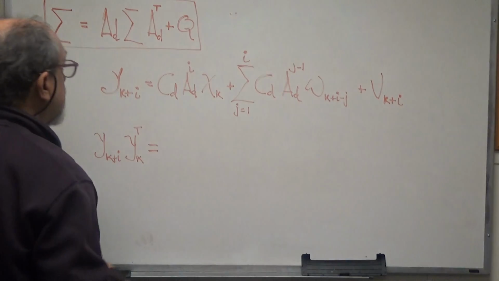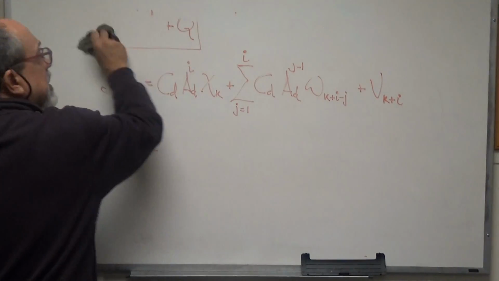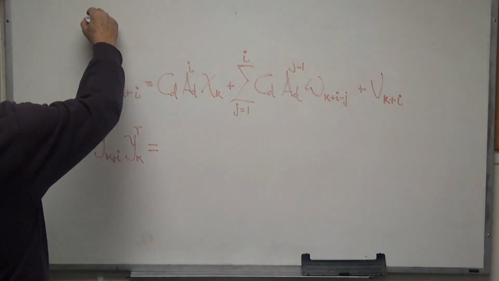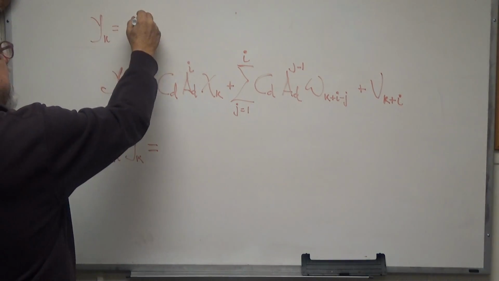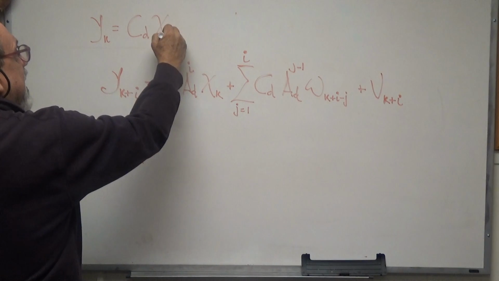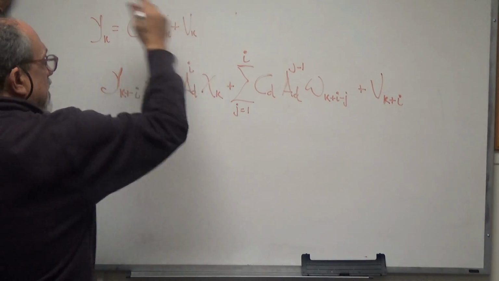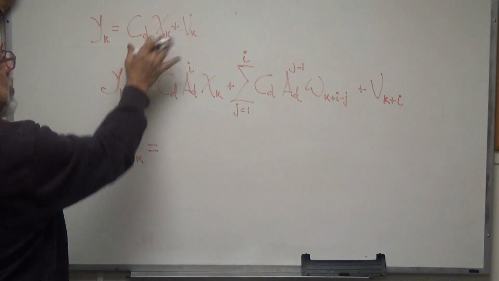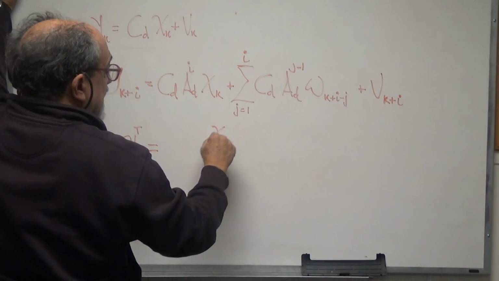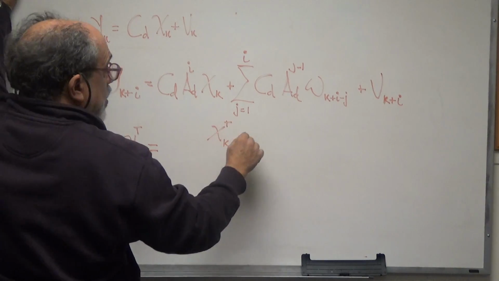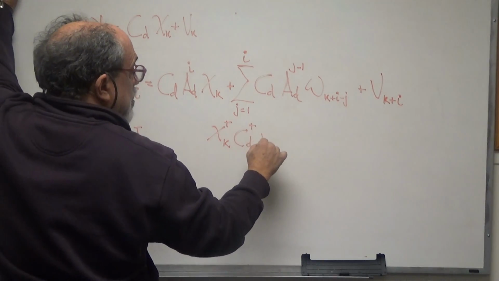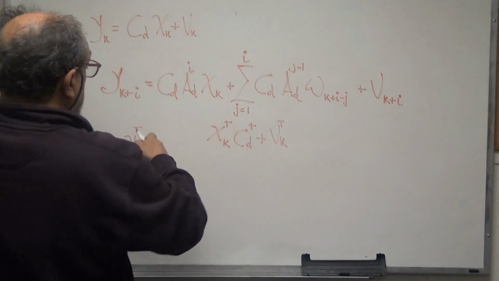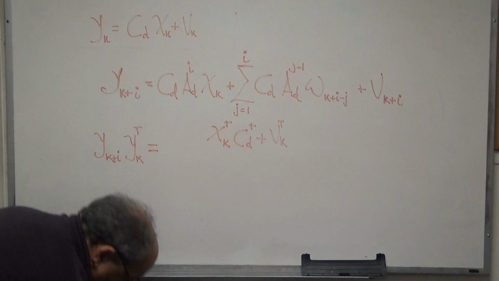I'm going to have to erase this to give myself a little more room. We know y at k is CD x at k plus V at k, right? So we want to multiply this thing times the transpose of this, and the transpose is xk transpose CD transpose plus Vk transpose. The multiplication of these two things follows.